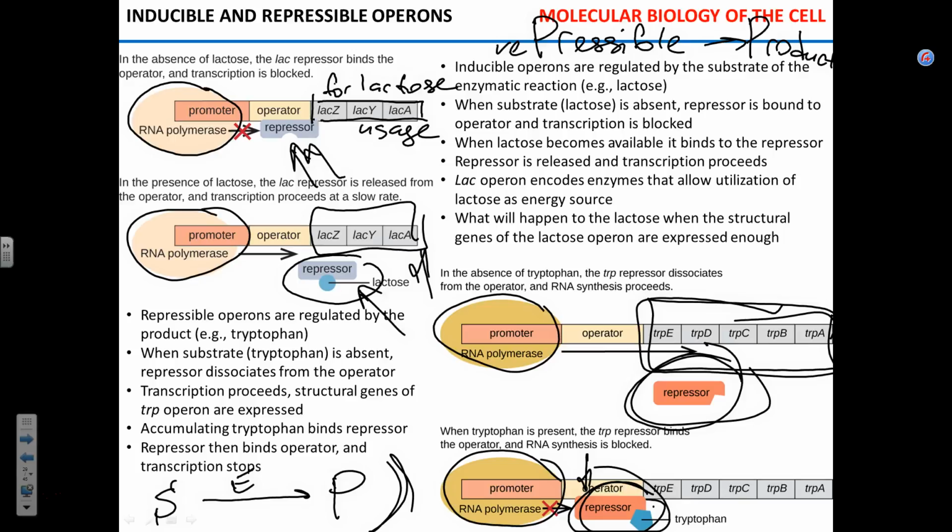Yes? Does the operator act on its own without a repressor? Oh, operator is just a sequence of the DNA that repressor recognizes. So the absence or presence of the repressor, the binding of repressor, is what regulates the activity of the operon. Does that make sense?